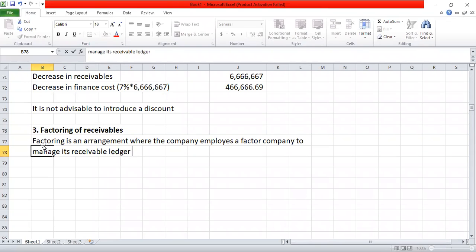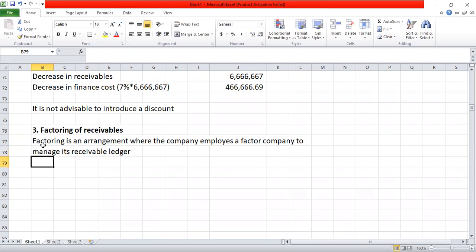That's what we call factoring. In this arrangement, the company employs an outside company to collect its debts or to manage its debts. That's what we call factoring.